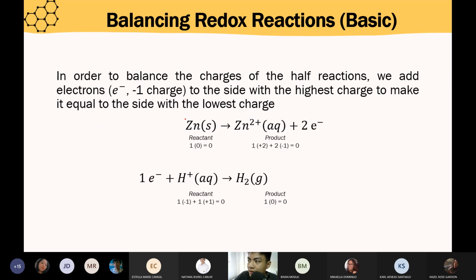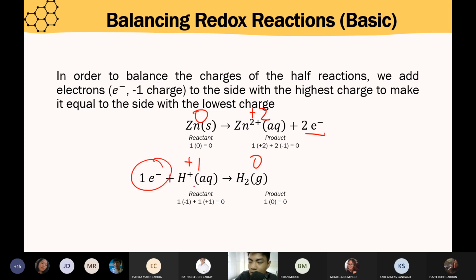So, sabi dito sa part ng PowerPoint na to is that you can add electrons. Okay? The electrons are used to bring down the charge. So, yung positive 2, para maging 0 yan, mag-add ka ng dalawang electron. So, you add electron para yung big charges lumiit. For example, ito, positive 1 yan, ito 0. So, to make this lower, yung positive 1 gusto mo maging 0, you add 1 electron to this side.